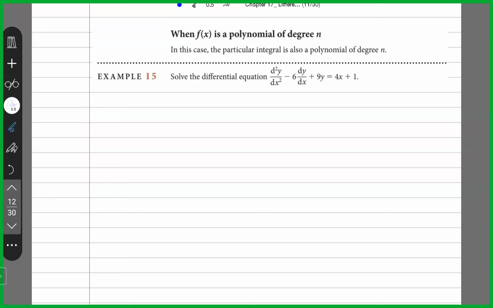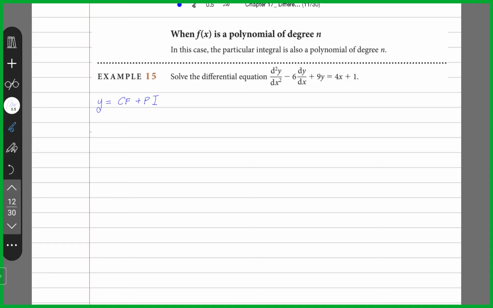It is of the form a d2y by dx squared plus b dy by dx plus cy is equal to f of x. Now, the solution for this equation is y is equal to CF plus PI. CF is called the complementary function. PI is called the particular integral.